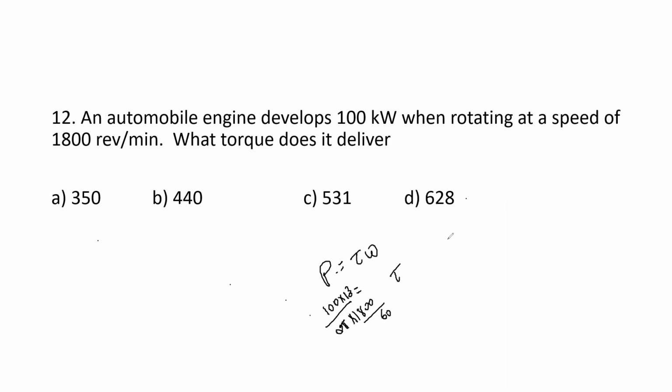So tau is equal to 100 into 10 to the power of 3 into 60 divided by 2 into pi into 1800.